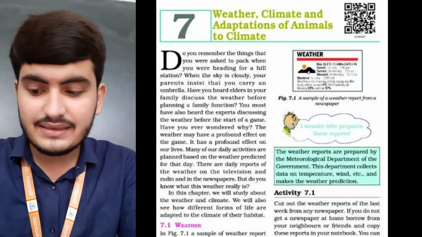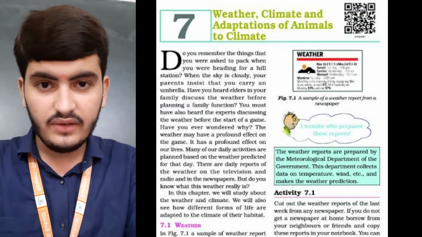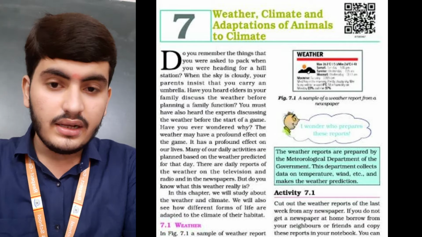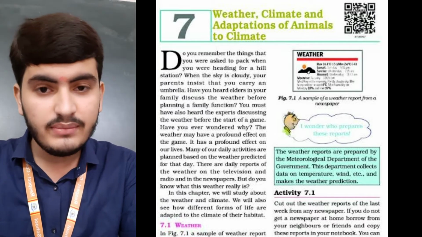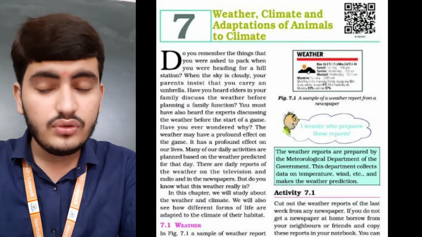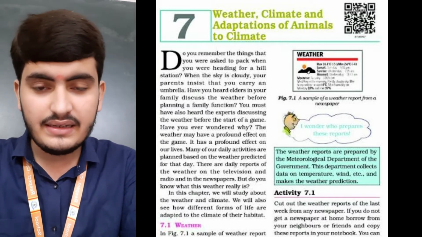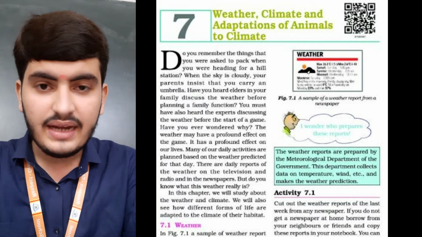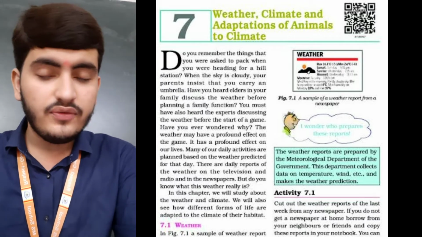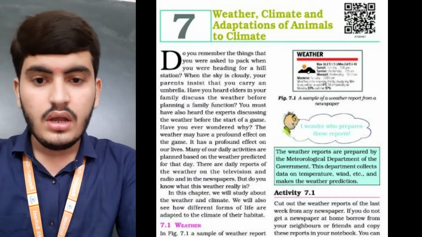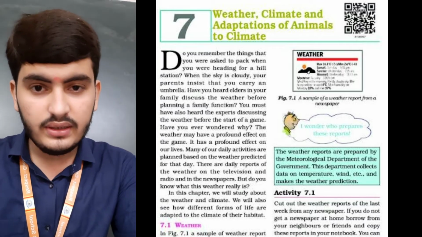Family function के बारे में discuss करते हैं. They discuss the weather before planning a family function. बेटा, can we keep a marriage function in the month of June and July? Have you seen that? No. Why? Because in June and July we know that the rainy season is there. So at that time we do not keep any kind of functions at our home. So before planning any family function, first of all we talk about the weather.